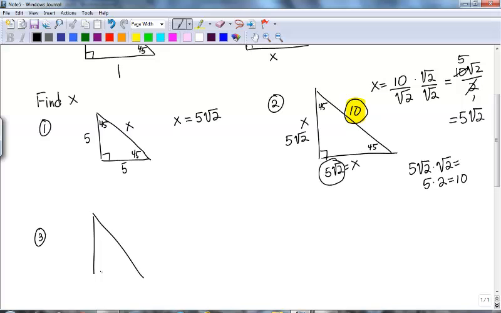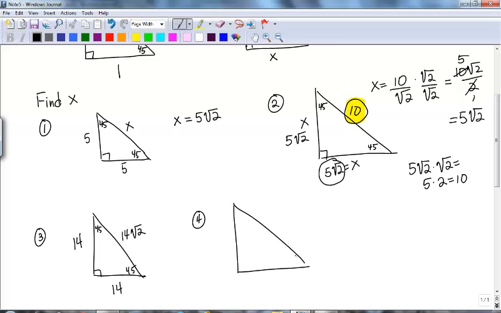Example. If it's a 45, 45, 90 and I said this is 14 and 14, by sight, without doing anything, what's the hypotenuse? 14 radical 2. Don't make that hard. You just multiply by radical 2.